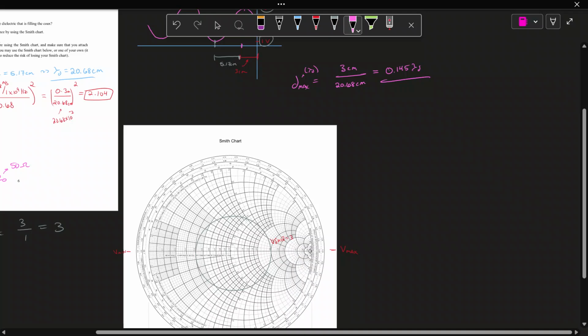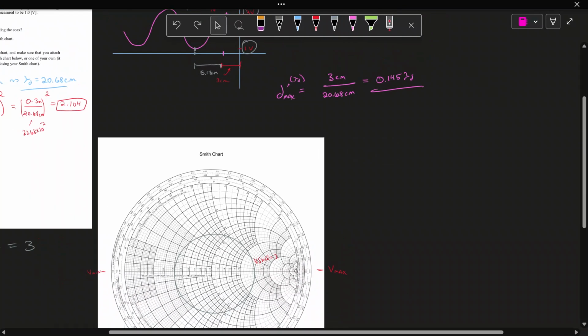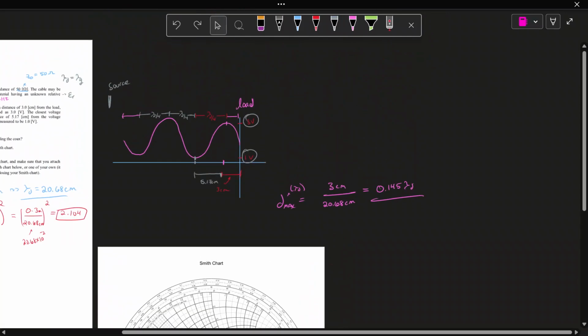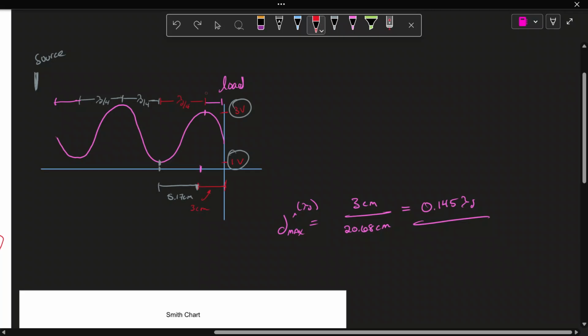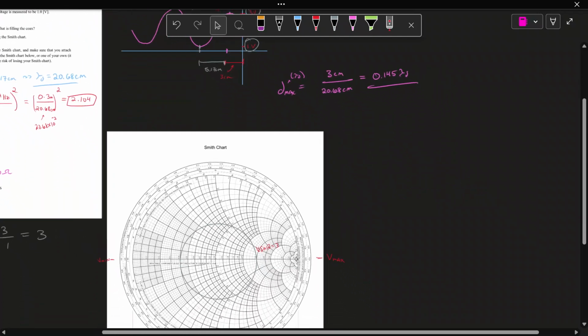Okay, but what does that tell us? What this tells us is that from the max, from this point here, we are 0.145 going towards the generator, or away from the load. Or sorry, we're going towards the load. So we're going from Vmax here to the load, right? It's 0.145 lambda d.